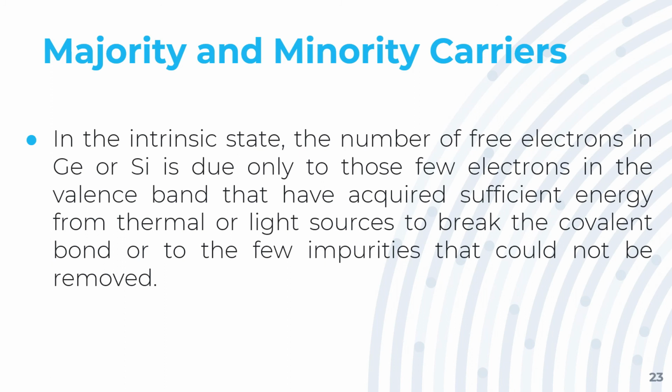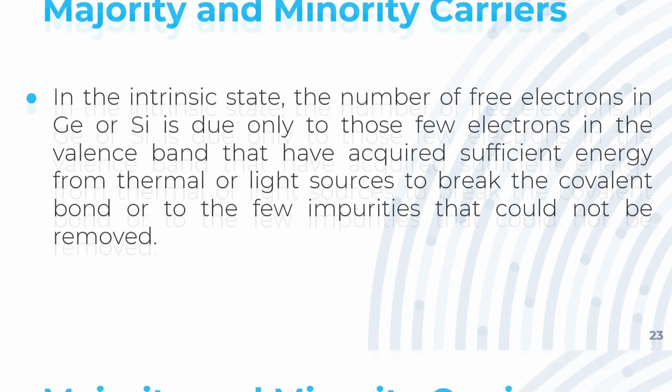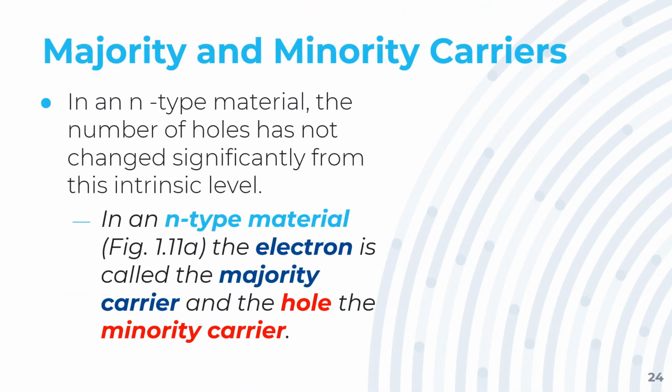Ibig sabihin, kaya nagkakaroon ng valence electrons or free electrons sa kanyang outer shell because of the sufficient energy from the thermal or light sources. In an n-type material, the number of holes has then changed significantly from this intrinsic level. For this reason, in an n-type material, the electron is called the majority carrier and the hole the minority carrier.